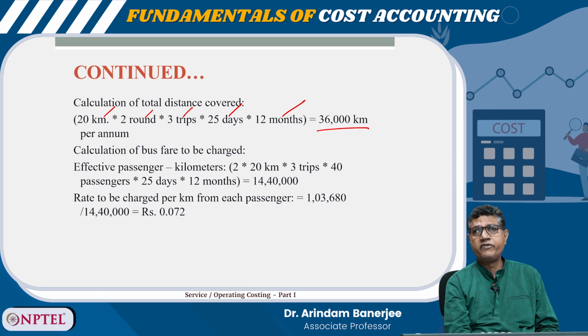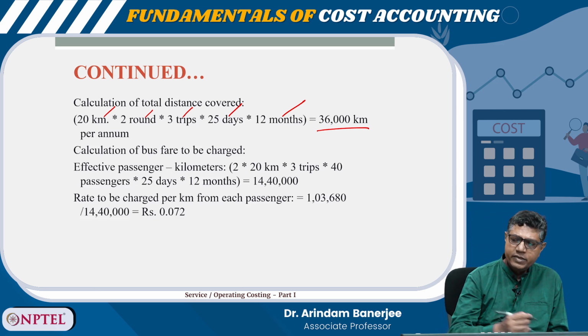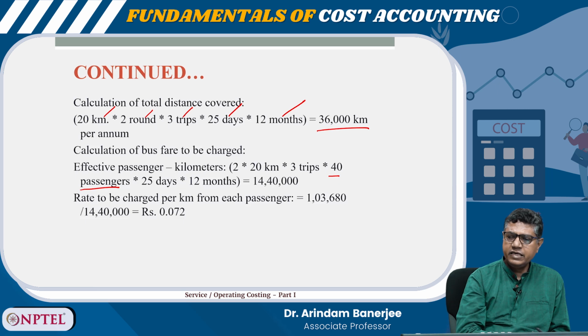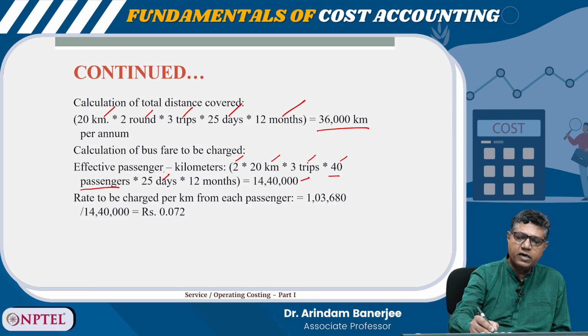So the bus fare, if I assume there are 40 passengers, which is given. The effective passenger kilometer is 14 lakh 40,000. How does it come? 2 round trips into 20 kilometers into 3 trips into 40 passengers for 25 days per month and for 12 months.